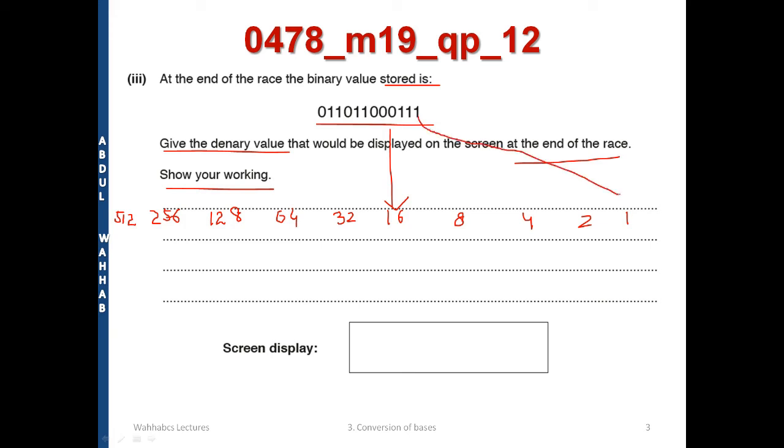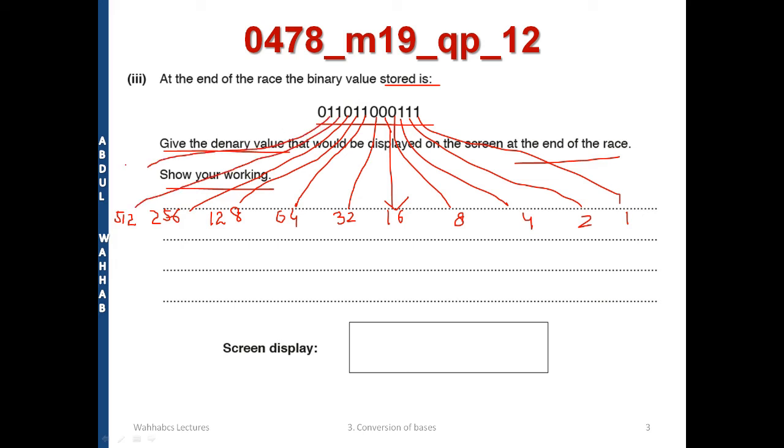Like this one is for 1, this is for 2, this is for 4, for 8, for 16, for 32, for 64, for 128, for 256, for 512, and this will be 1024.